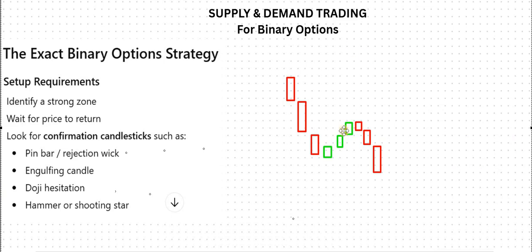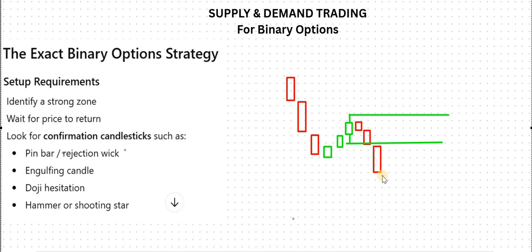So how do we draw our zone? We use this wick here, and this wick here, exactly like this.